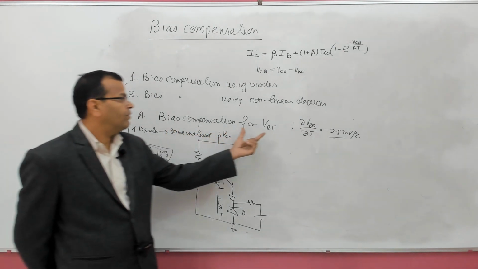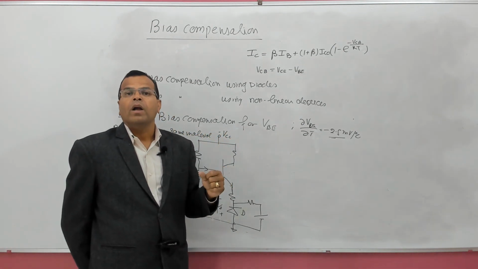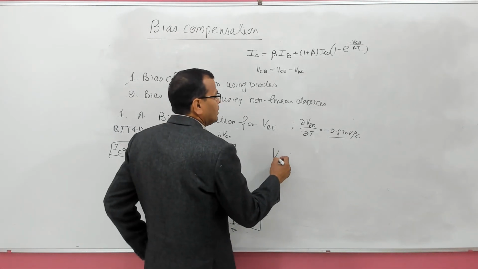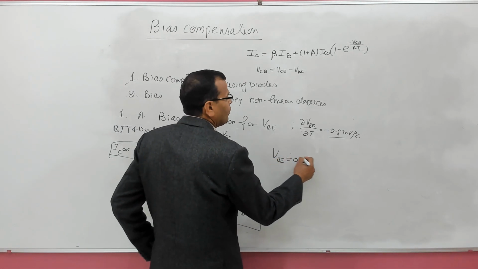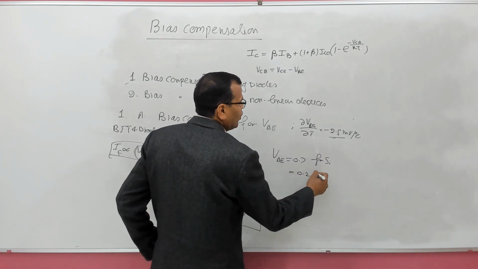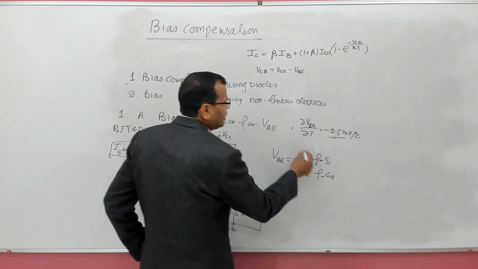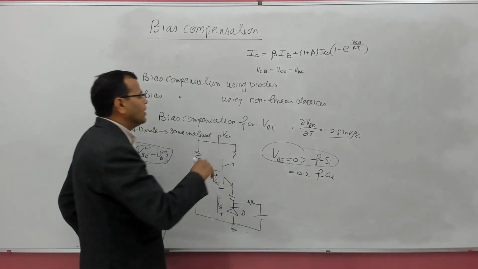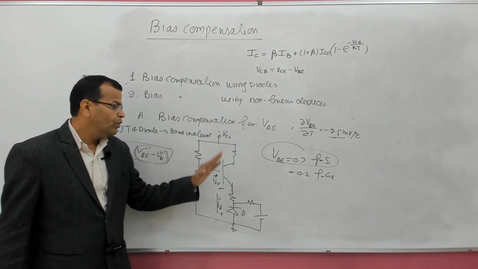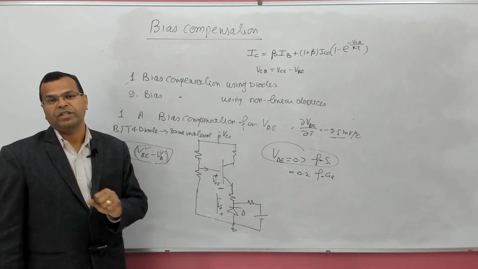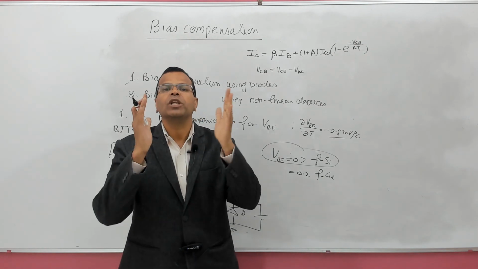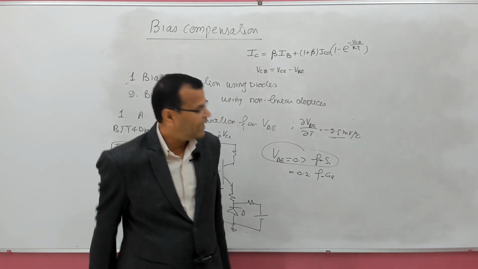We know the voltage VBE is 0.7 volt for silicon and 0.2 volt for germanium. Since it is larger for silicon, the bias compensation for VBE is used for silicon transistors.